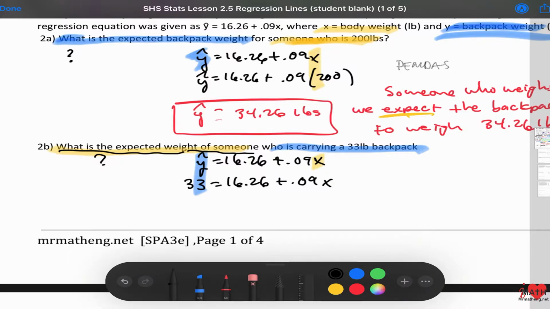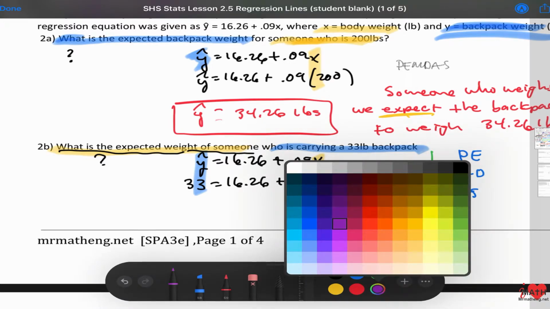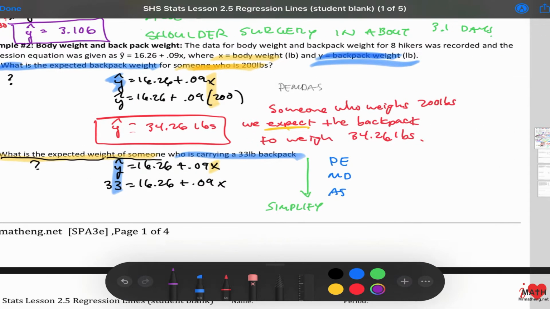Okay, I should have just shown you my trick that I use for PEMDAS. When you are simplifying, like we were in the last problem, you're going to go down on PEMDAS. But if you are solving, you go that way.